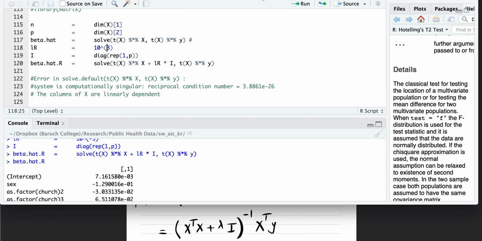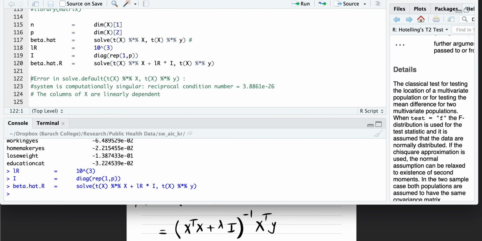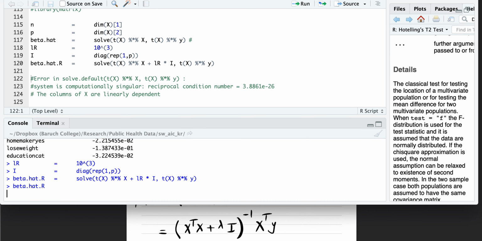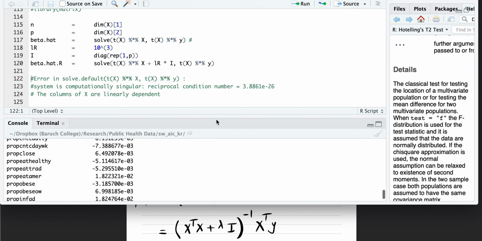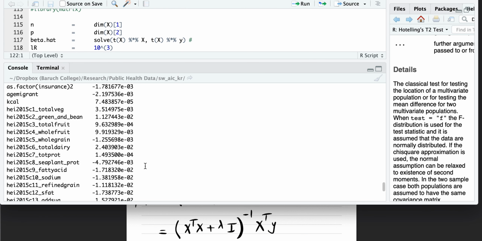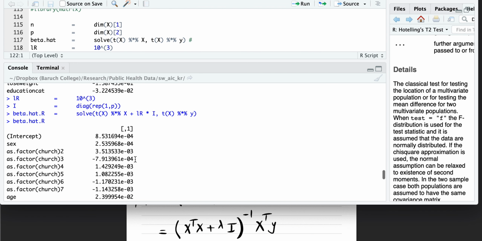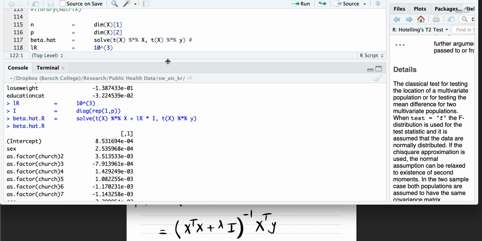Let's just change lambda. We have increased lambda, and you see all the numbers now are significantly smaller, right?